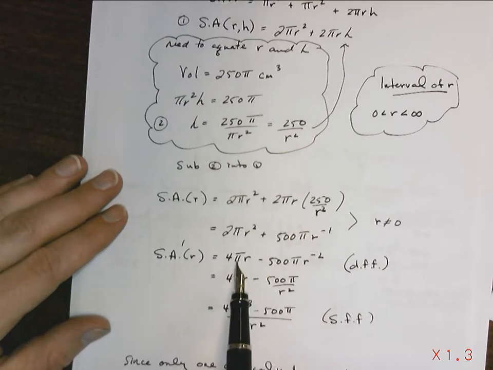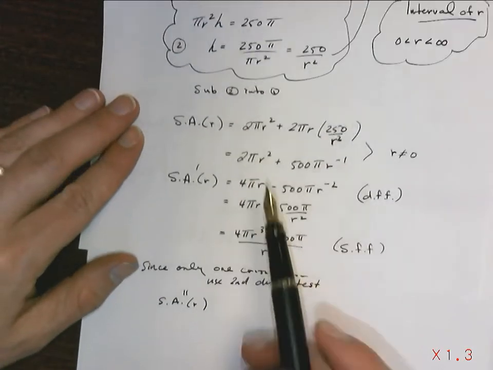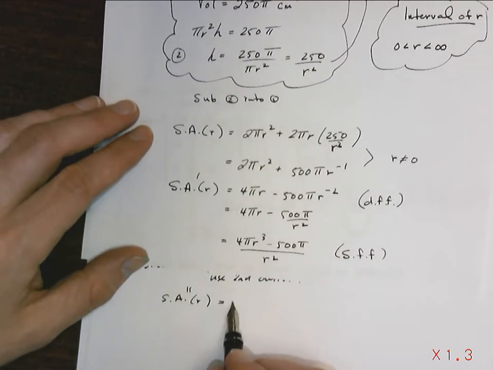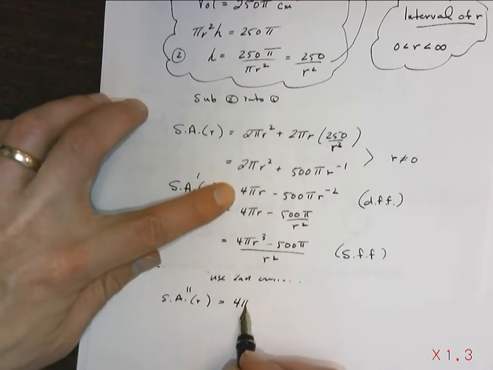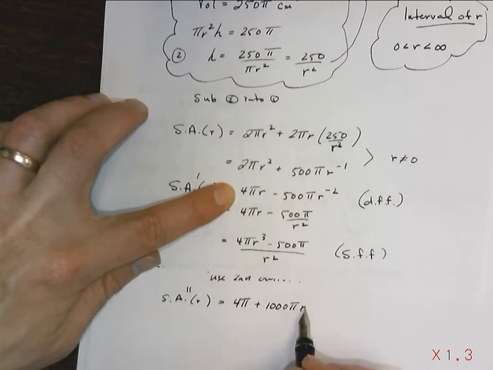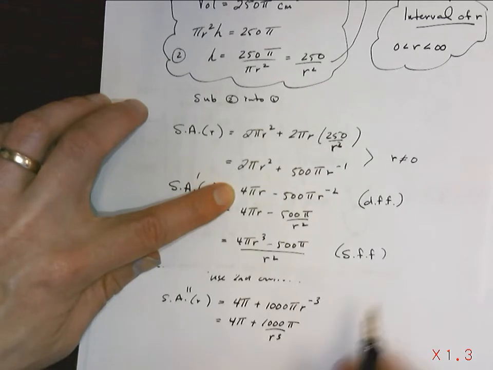So my second derivative is going to be 4 pi plus 1,000 pi r to the negative 3, or 4 pi plus 1,000 pi over r cubed.